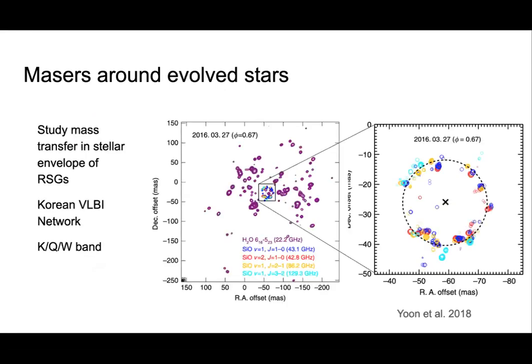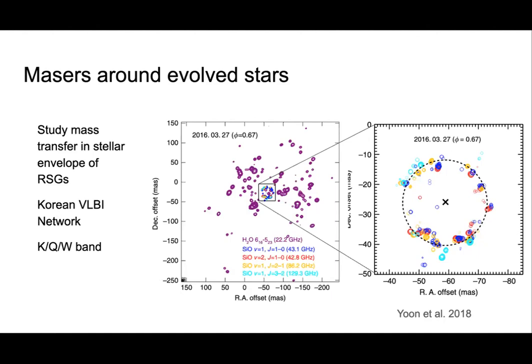Masers around evolved stars are also a very interesting scientific field. We know that evolved stars have a very strong mass loss. They have mass which is concentrated in shells as it is transferred out into the ISM.